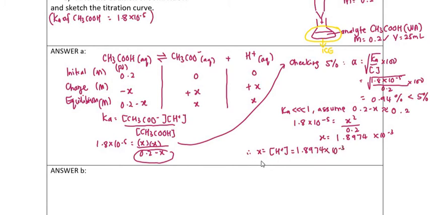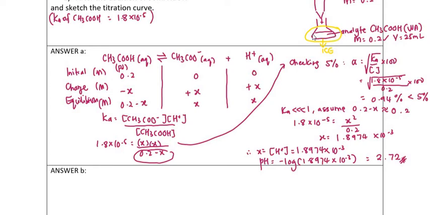Based on this, you can get the pH, negative log 1.8974 exponent negative 3, which becomes 2.72. So this is the pH before you add titrant to the analyte.